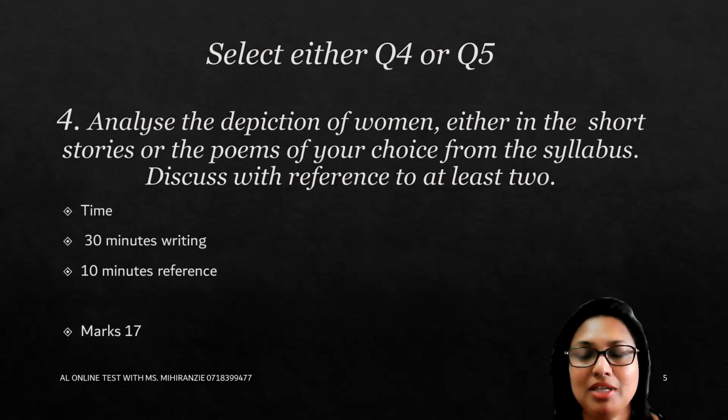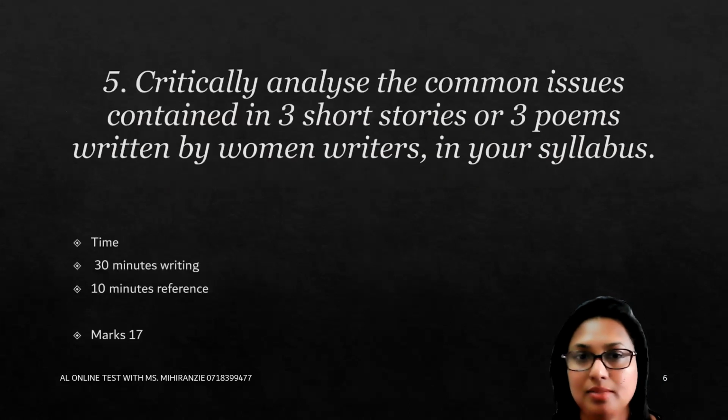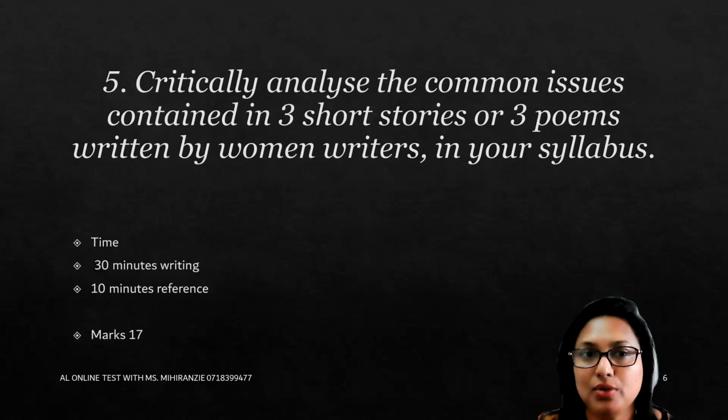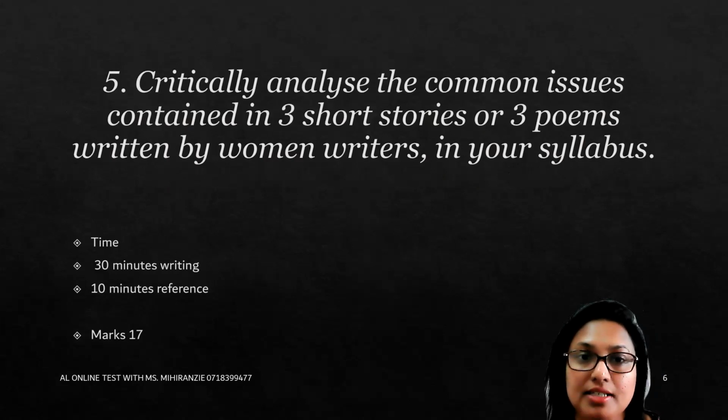But do not be in haste to do this, because there's another question. You have to select either this one or the next one, not to answer both, because for essay types, I want you to answer only one. Okay, so the fifth one, you have to write the number and the question. Those two are compulsory. Critically analyze the common issues contained in 3 short stories or 3 poems written by women writers.